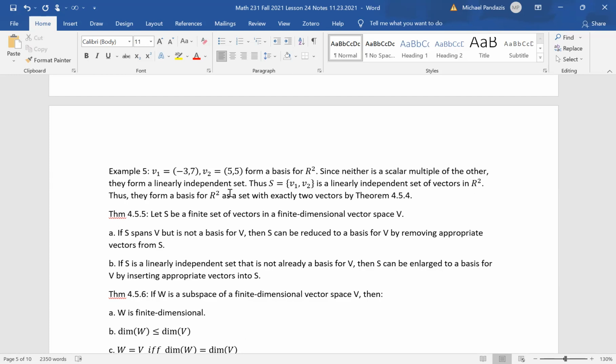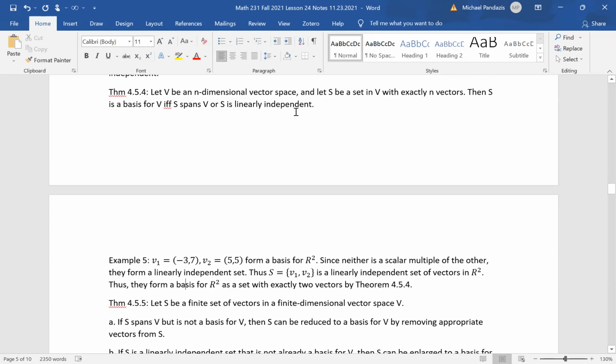Since it's a set containing 2 vectors, and the vector space R2 is 2-dimensional, then by our last theorem, theorem 4.5.4, this set S is a basis for R2. We know it's a basis just by knowing it's linearly independent, because the number of vectors is the same as the dimension of the vector space.